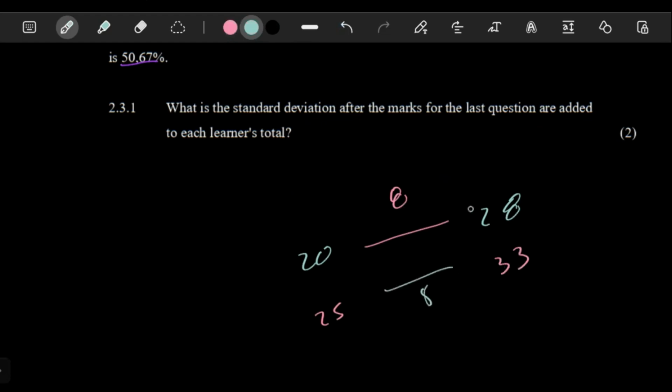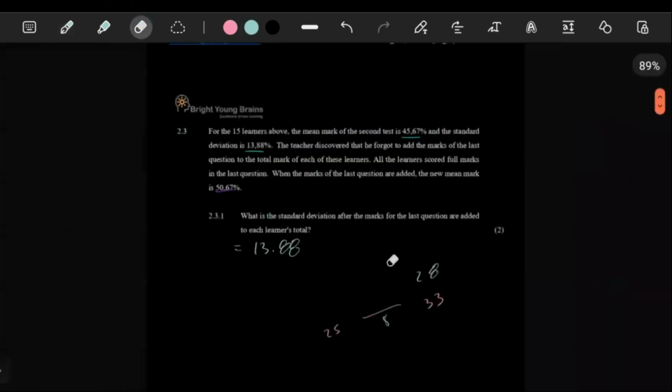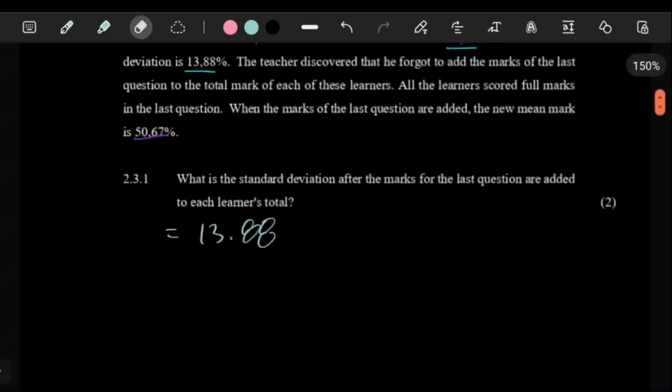So if every mark moves up by the same value, the mean is going to change, yes, but the standard deviation stays the same, because each piece of data moved up the exact same value. How spread out the data is from each other, or from the mean, is still exactly the same.